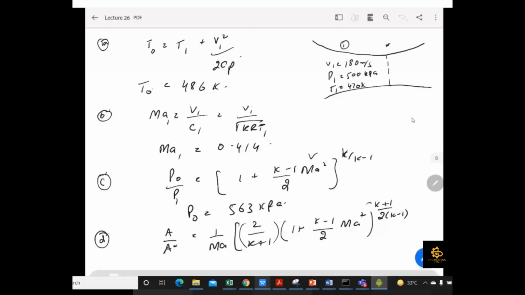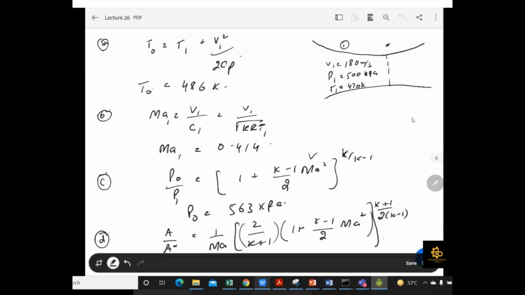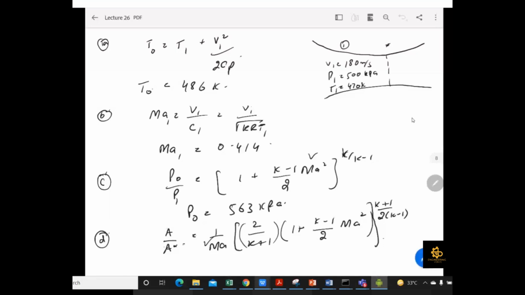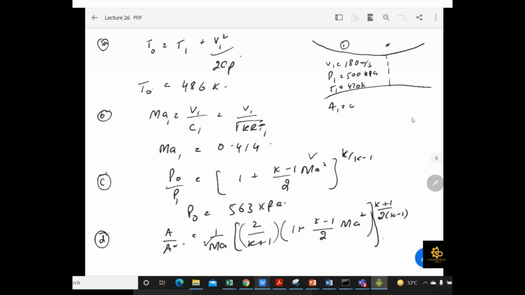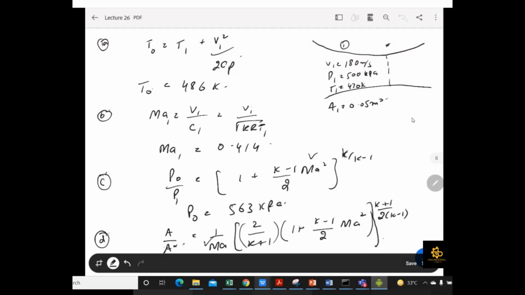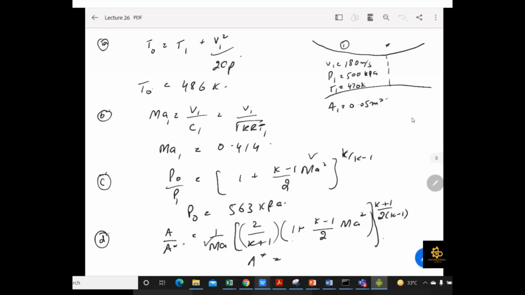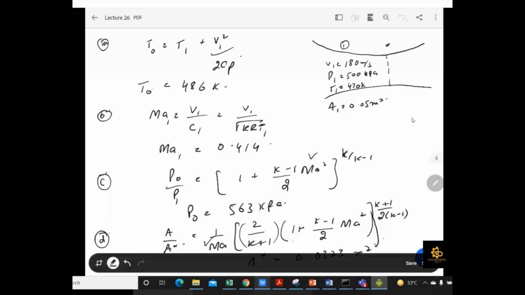The Mach number is given and K is known to you. You have to find area star, and area 1 is also known from the question: the area at section 1 is 0.05 meters square. So you can easily find A star. I'm just going to write the answer, you have to solve it by yourself: 0.0323 meters square. This is your part D.